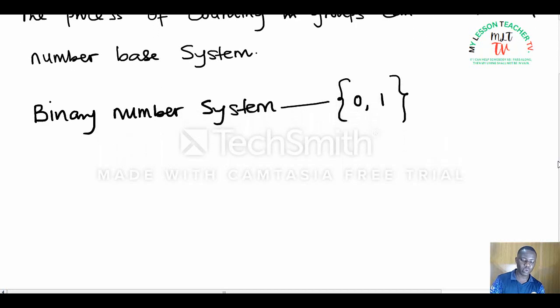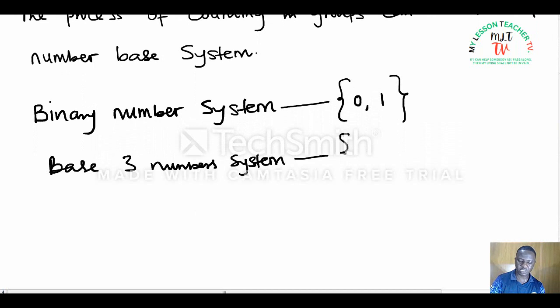Also, we have the base 3 number system. The base 3 number system is made up of 3 digits, which are zeros, ones, and twos.